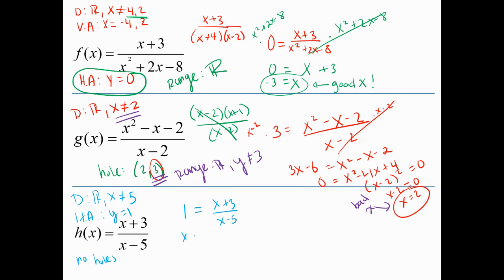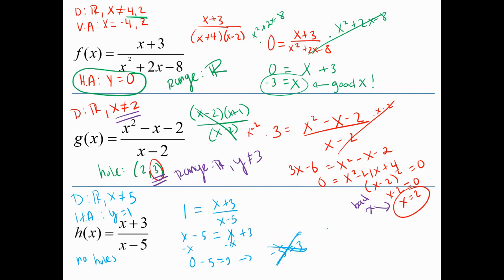Cross multiply, or multiply by the denominator, x minus 5, equals x plus 3. When I go to solve this, those x's cancel out and I get 0 minus 5 equals 3. Negative 5 equals 3.